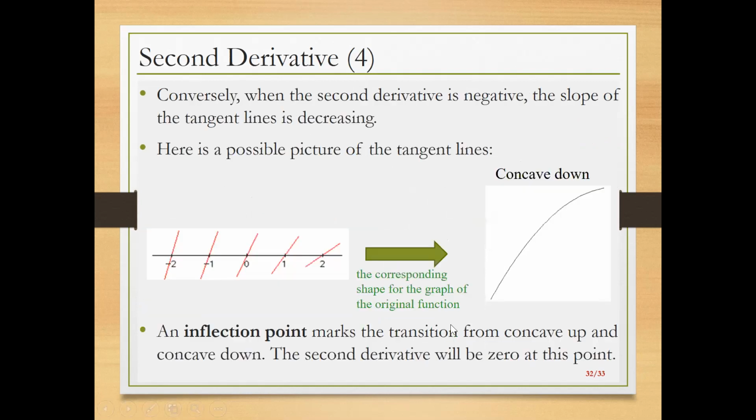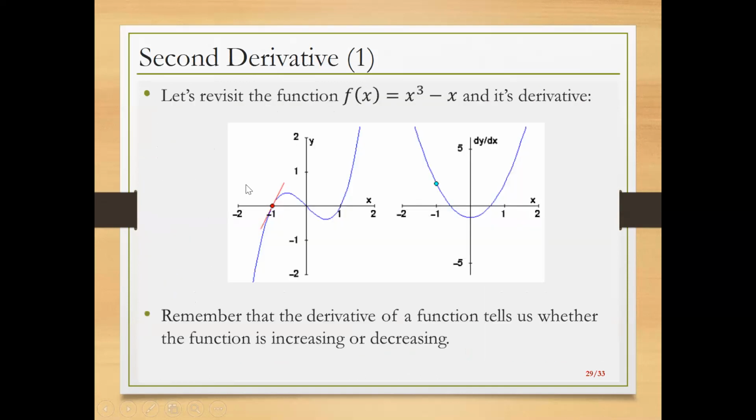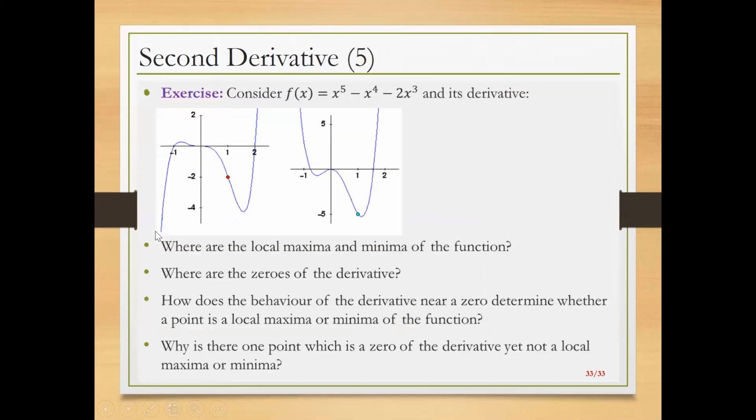Similarly, if f double prime is negative, we would be going up. That means the slope is increasing, and then it becomes flat. So over here, the slope is slowly decreasing till it becomes flat. So when the second derivative of f is negative, we have a local maximum as shown over here. Basically that's what these two tell you.